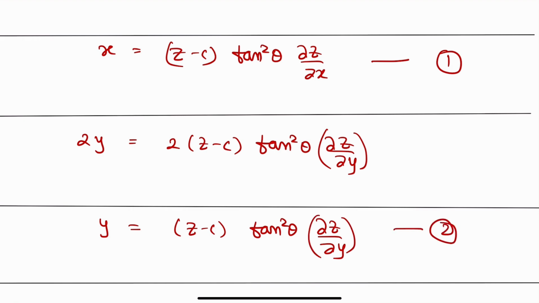Now you know that we are tasked with eliminating this particular c. So equation 1 can be rewritten as, see, this is our equation 1.